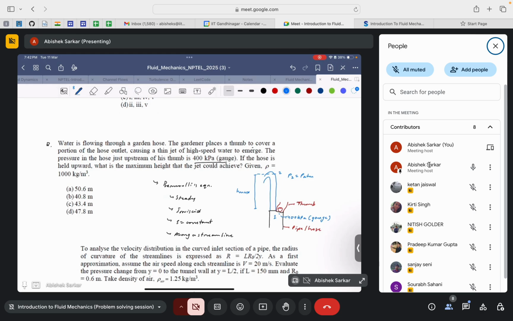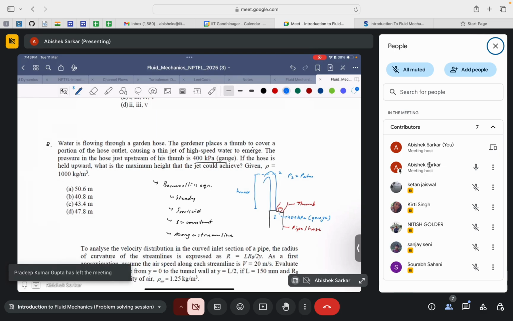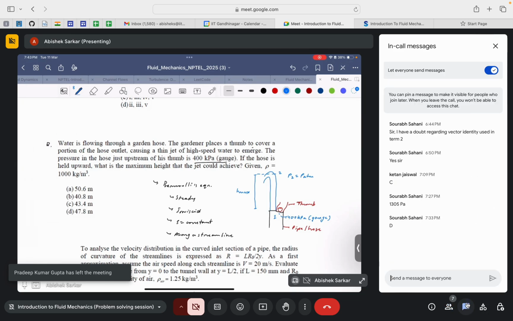Then what about the velocity just below his thumb? Because you are taking the pressure just below his thumb, what will be the velocity just below his thumb? Did anyone mention?